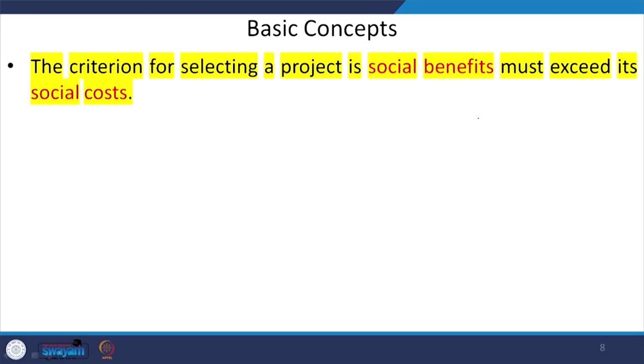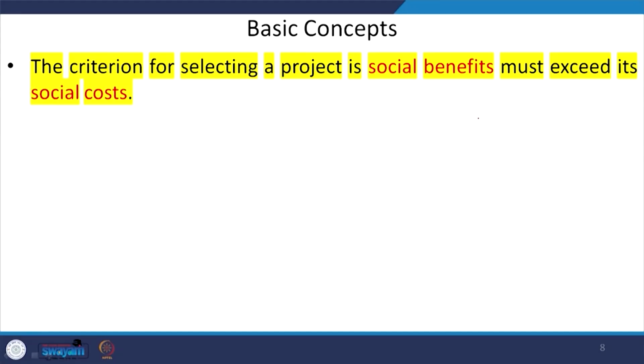So, based on this understanding of the historical backing, or the theoretical underpinnings, let us understand the criteria or basic concepts that we are using in this benefit cost analysis.